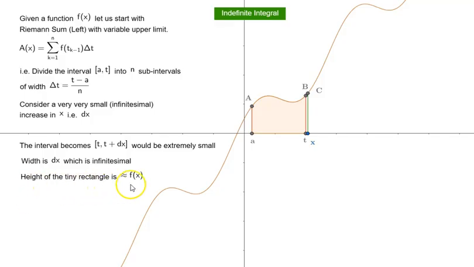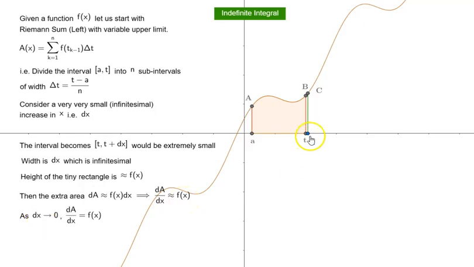Height of the tiny rectangle is approximately equal to f of x. Then the extra area dA is approximately equal to the height times the width. So height is f of x approximately, and dx is the width, which we can write as dA by dx is approximately equal to f of x.